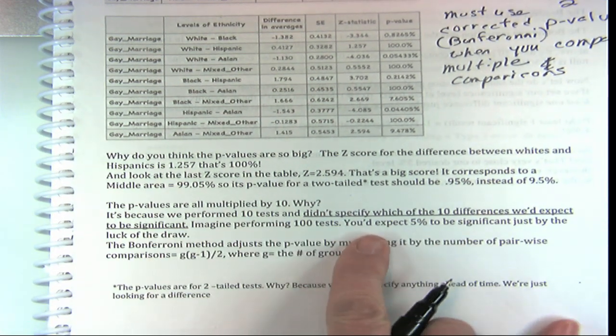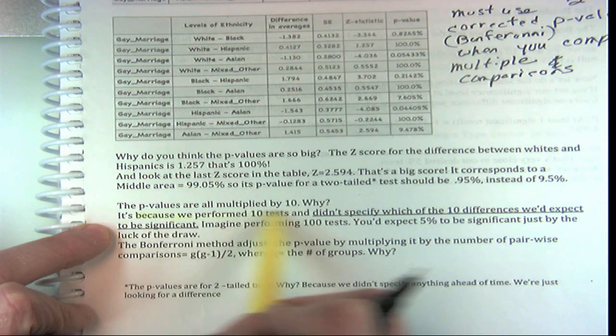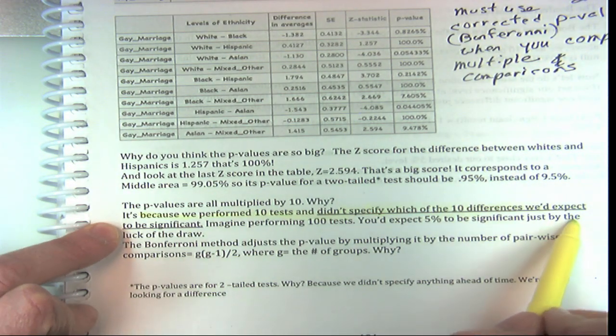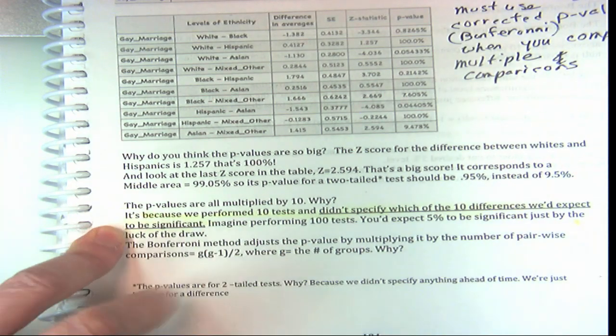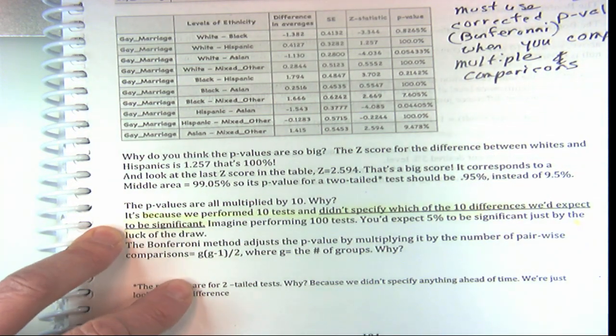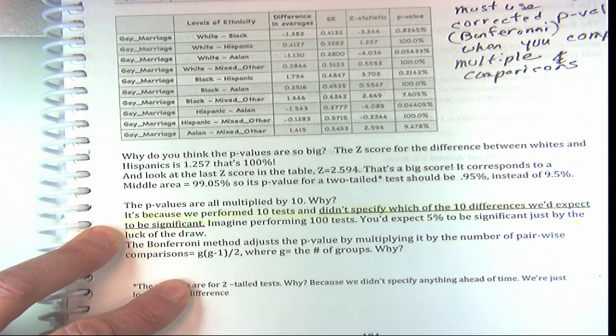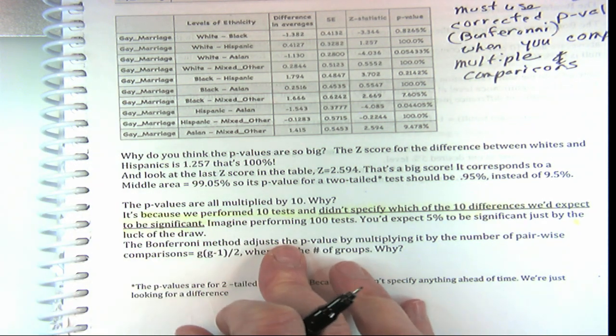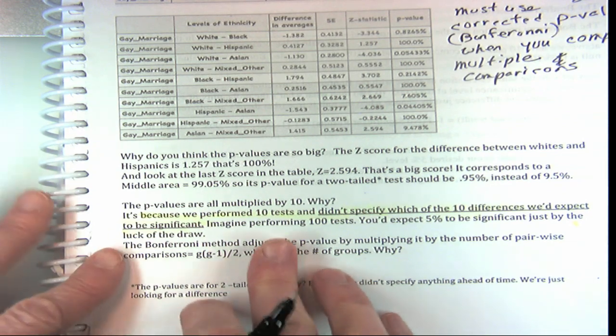Why? It's because we performed 10 tests and didn't specify which of the 10 differences we'd expect to be significant beforehand. We looked at the data and did something called a post hoc comparison, an after-looking-at-the-data comparison.